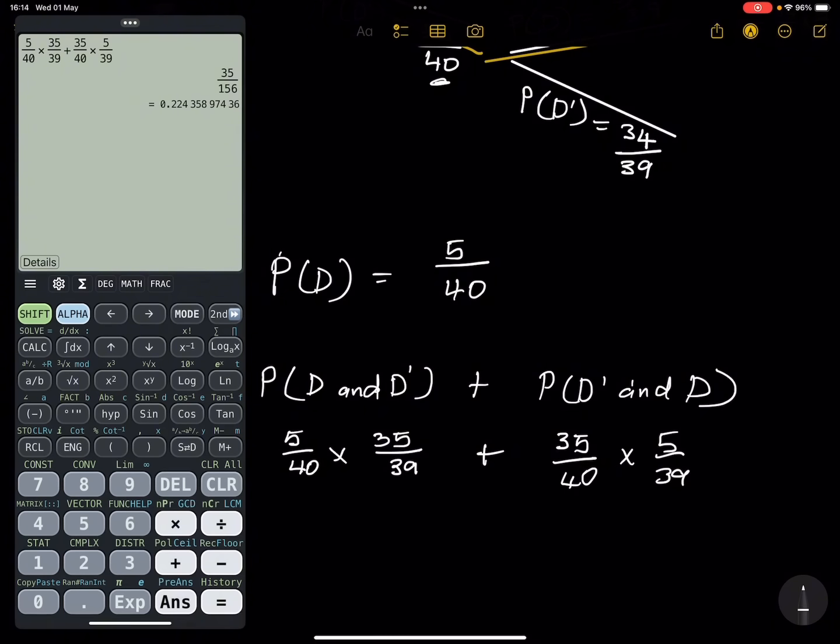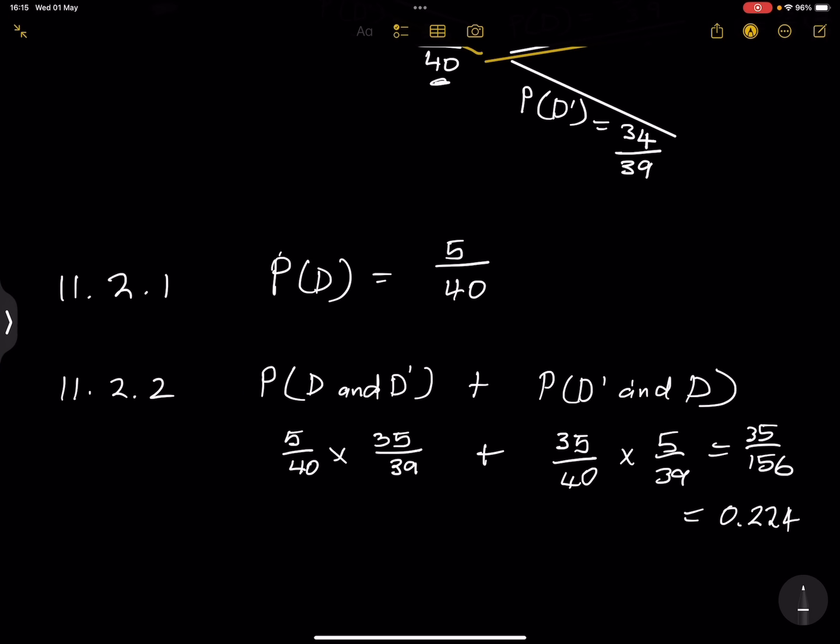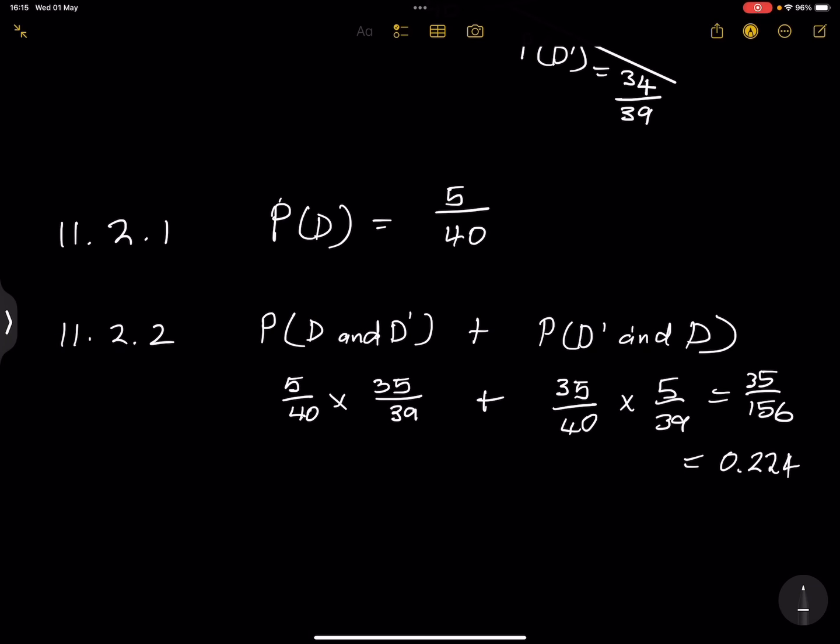Okay, right, so our final answer there would be 35 over 156. And of course, if you wanted to write it in decimal form, that's 0.224. Okay, right, so that is how that cookie crumbles.